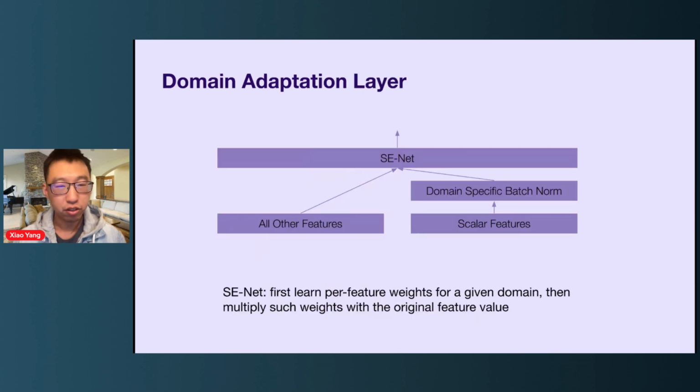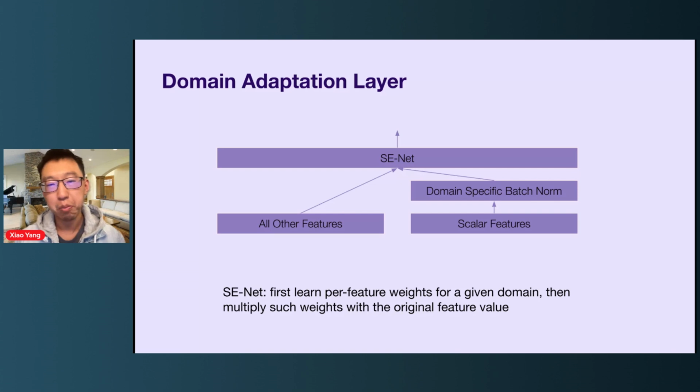And next part, I will go deeper into this domain adaptation layer. This layer, generally speaking, consists of two components. The first component is a domain-specific batch norm layer, which is applied to all the scalar numerical features. But this batch norm is not shared across domains.